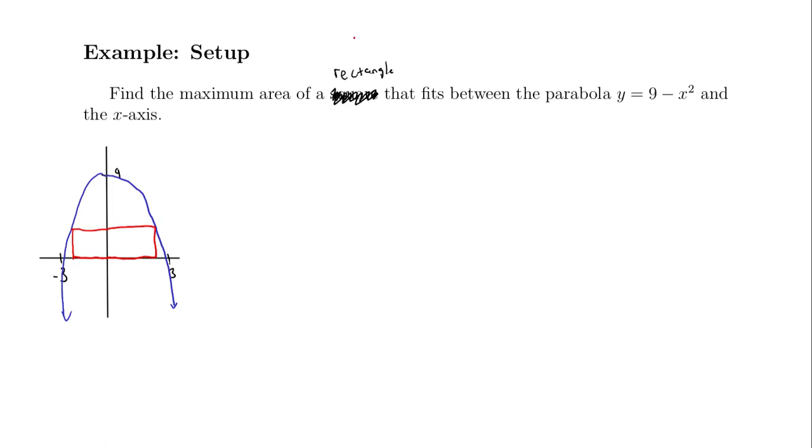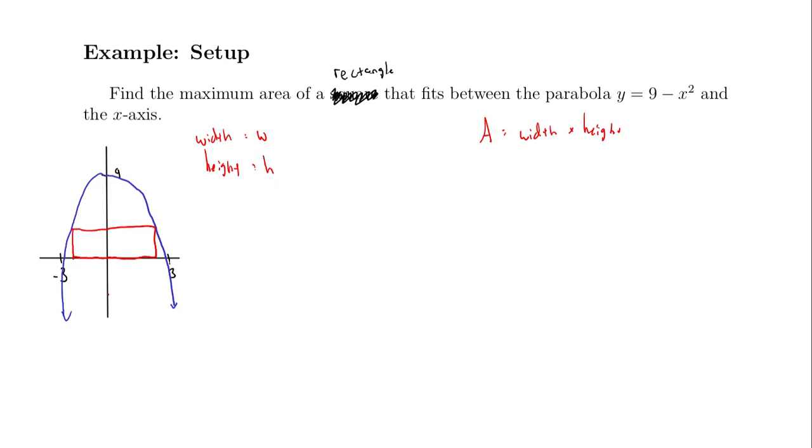Cool. So what we need to do is come up with ways of defining some variables here and then connecting those things together. We're going to have some sort of a width and a height of our rectangle, and we know that the area is going to be the width times the height. First, we need a way to define the width. You could call this W if you want, and you could call the height h.